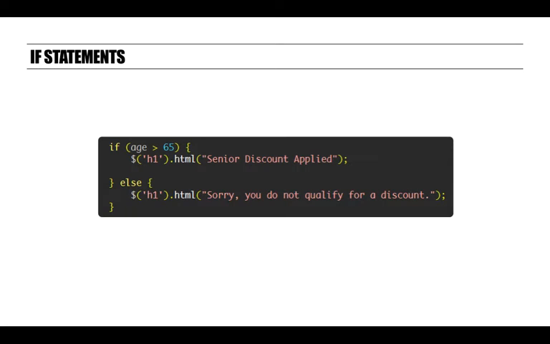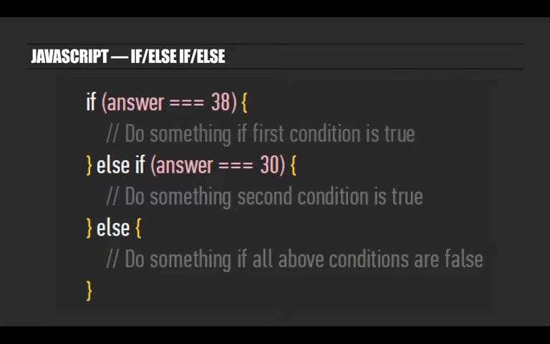So again, here we're checking to see if they're greater than 65, and if they're not, then sorry, you do not qualify for the discount. So now we can even get more fancy, and we can say if answer is equal to 38, then do this. Else if, and then we can give it another condition to check in order to do something else. Otherwise, this is going to be the rest of the situation.